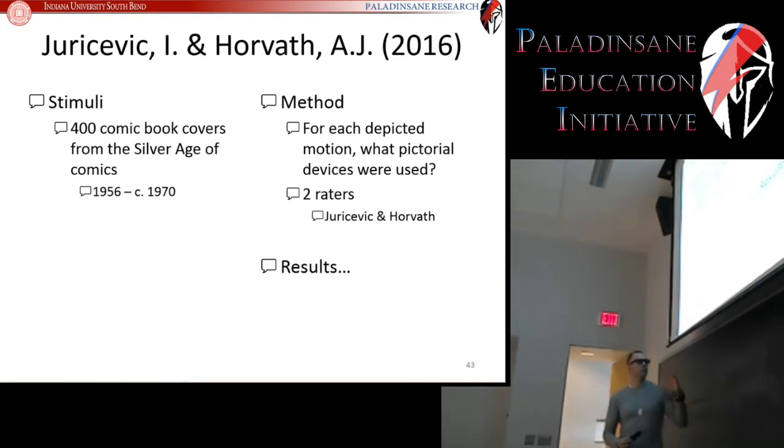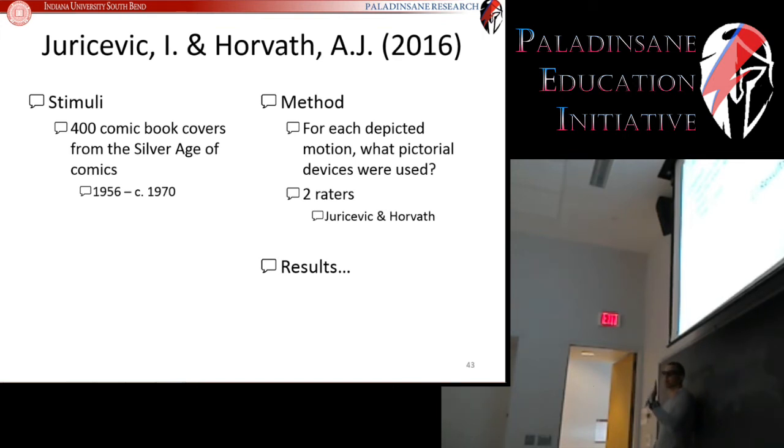So the thing to keep in mind before we get to this analysis is the idea that these devices were able to be combined in any way. So the artist had complete freedom to choose no devices if they wanted to. They could draw a picture of a person just standing there and say, this person's running. They could just choose 1 device if they wanted to.